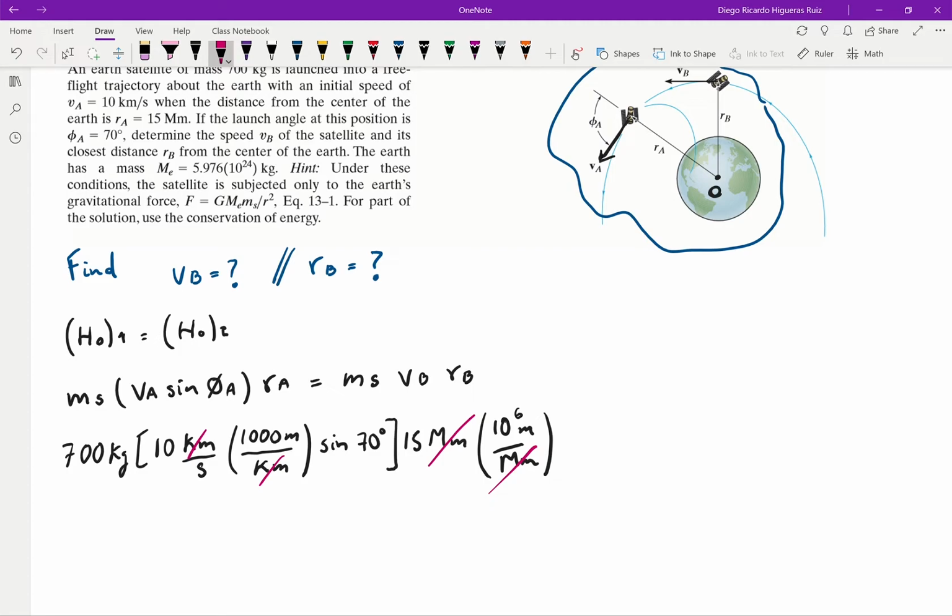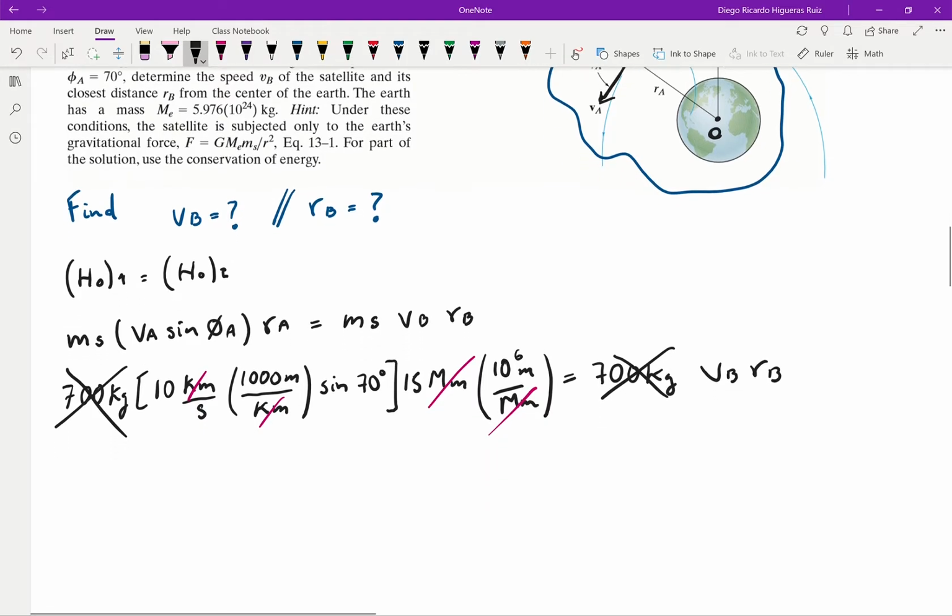Okay, that's happening again. We'll cancel out those units. Okay, and then that's gonna be equal to 700 kilograms. Okay, in fact, you can tell that this and this can cancel out. Then we're gonna have VB RB.